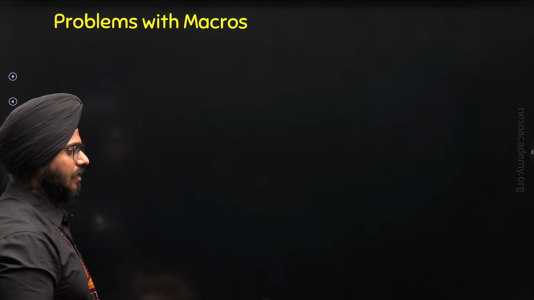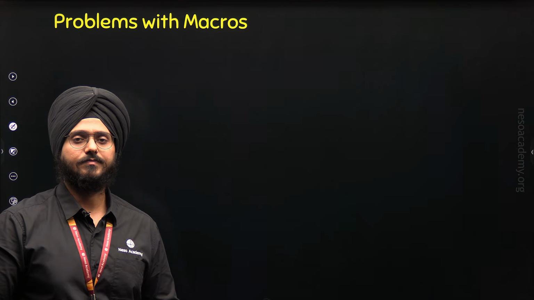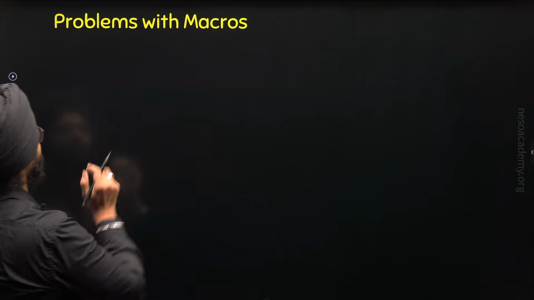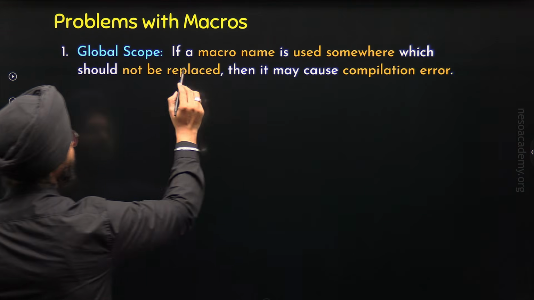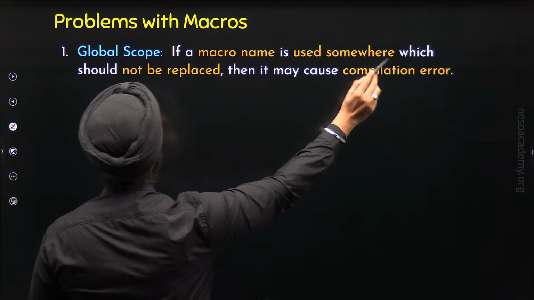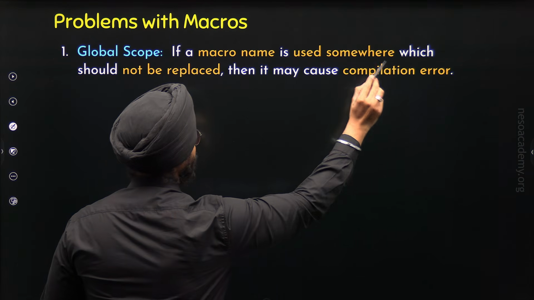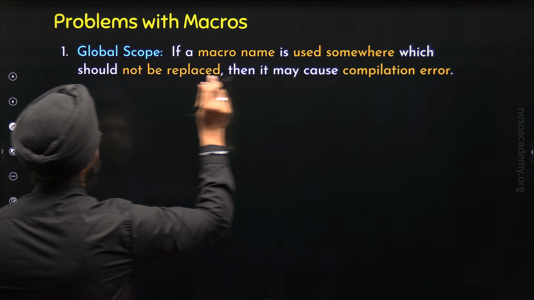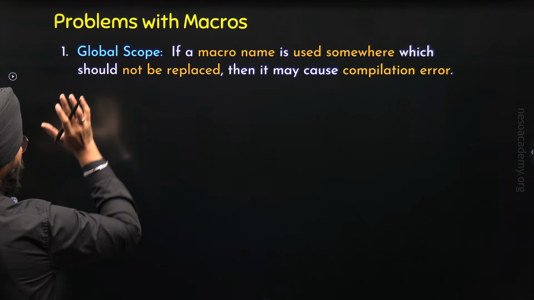Now let's understand what are some of the problems associated with macros. The first problem is global scope. If a macro name is used somewhere which should not be replaced, then it may cause compilation error. It is important to understand that a macro has the global scope.